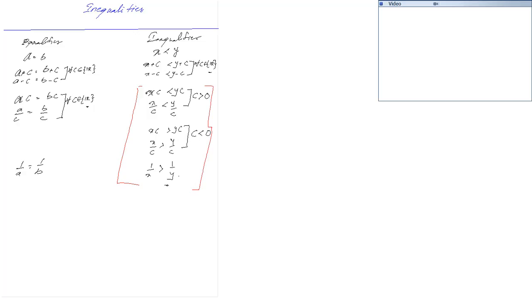Perfect. Now, having said this is the basic operational properties for inequalities, let's play around with some questions in inequalities. Let's take a look at the first question. Read the first question, Ankit. Okay.